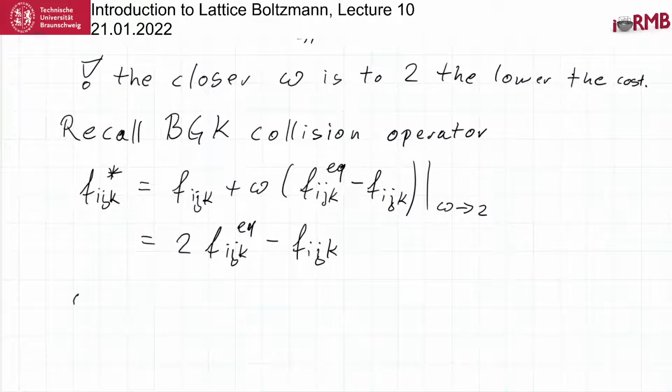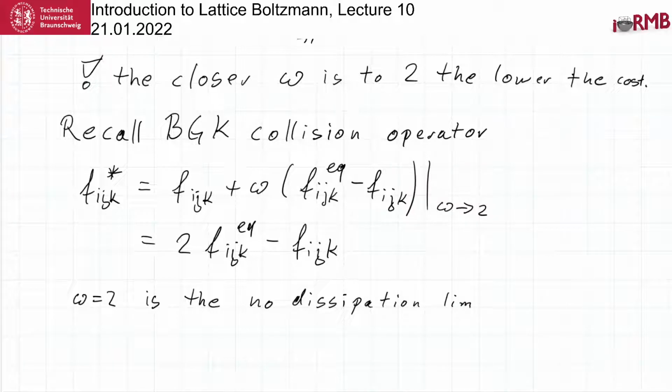So what does this mean? That omega equal to 2 is the no dissipation limit. So what does dissipation mean?